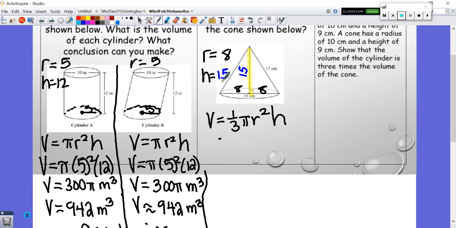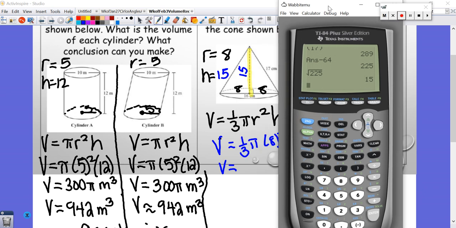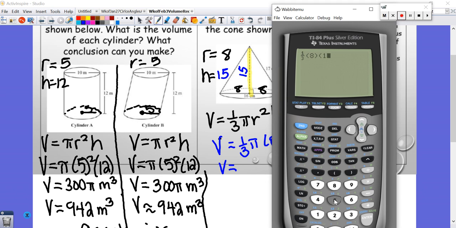So volume equals 1/3 pi 8 squared times 15. And here I'm going to graph my calculator to help me out. So clear this. Alpha y equals, enter, so 1/3 8, and what was it, 15, push enter, and you get 40.